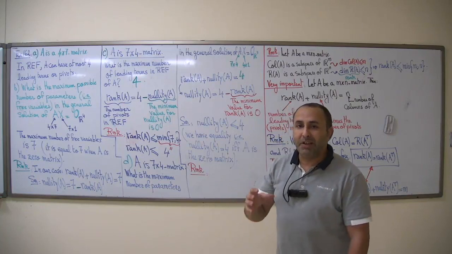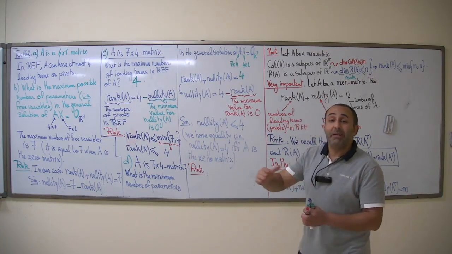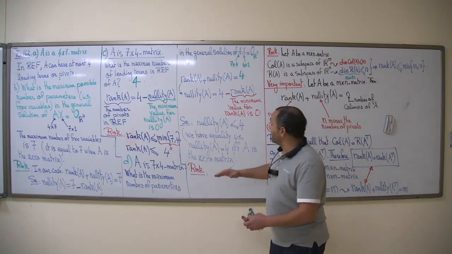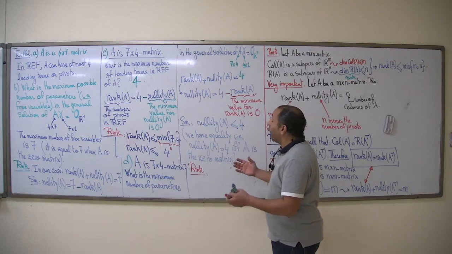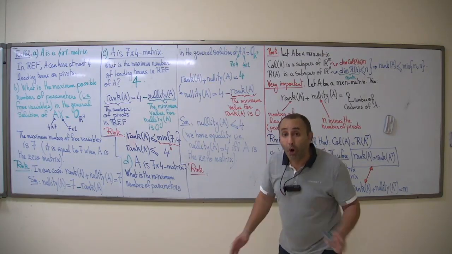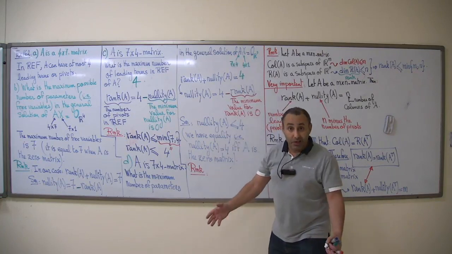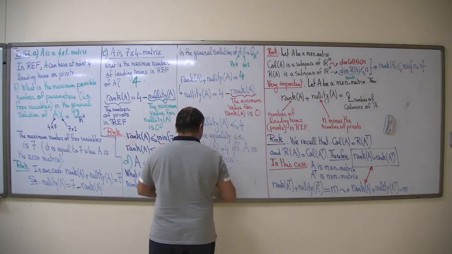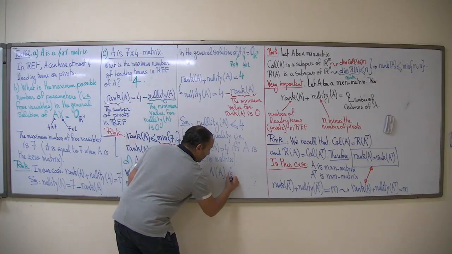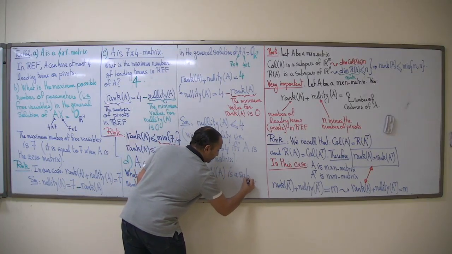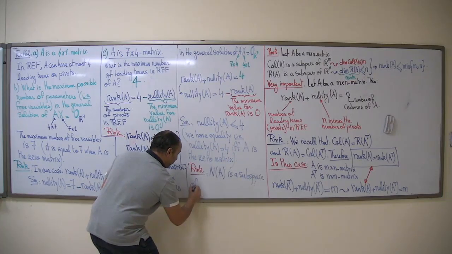So the null space of A is a subspace of R4, and the dimension of the null space, that means the nullity of A, cannot exceed 4. It is equal to 4, that means it is equal to the whole vector space R4, when A is equal to 0. So N of A is a subspace of R4.